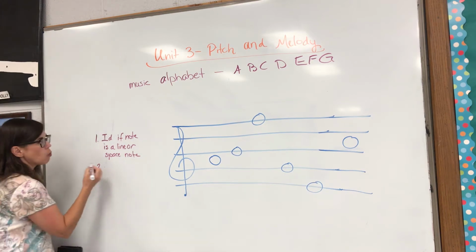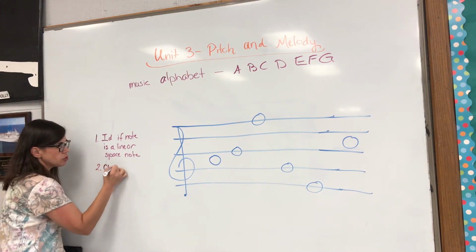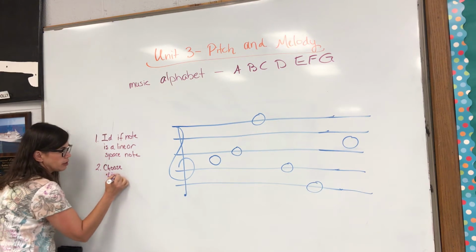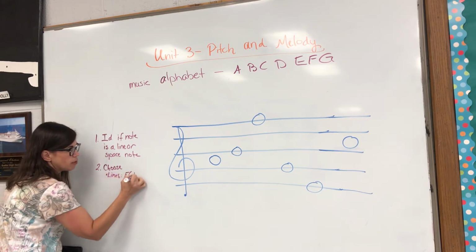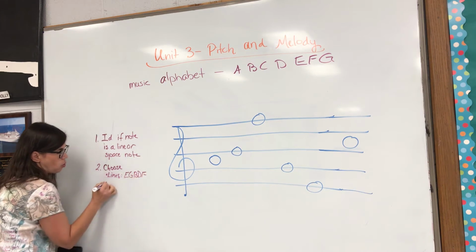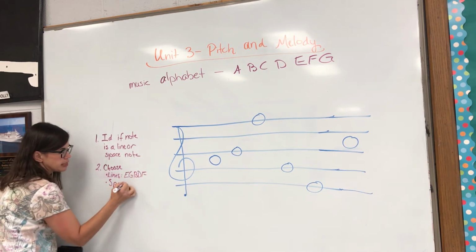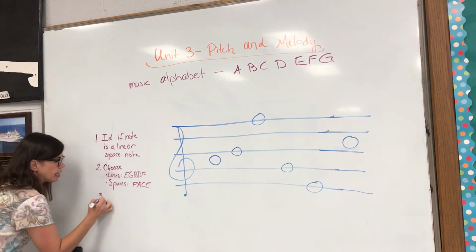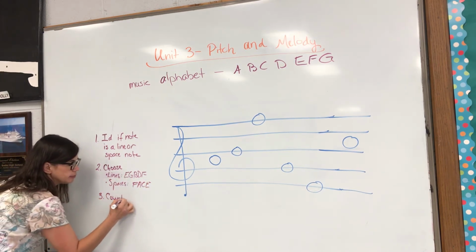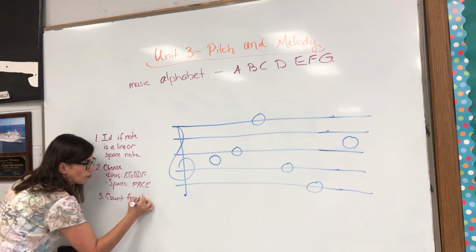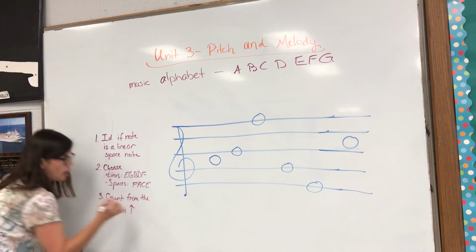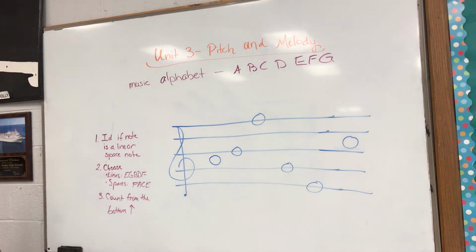So you're either going to choose lines, Elvis's guitar broke down Friday, or spaces, F-A-C-E. And then you're going to count from the bottom up to identify the letter name.